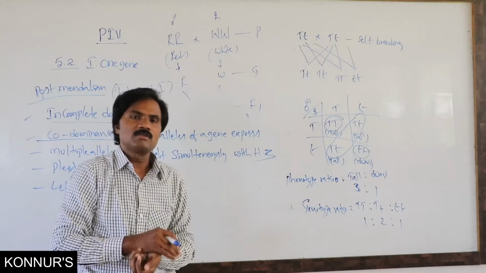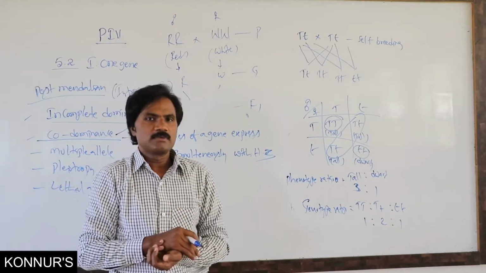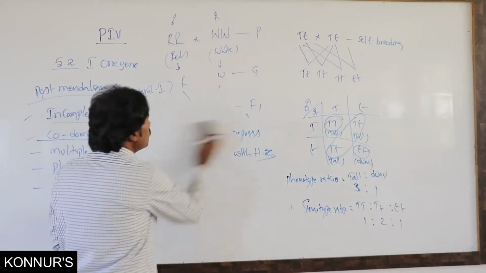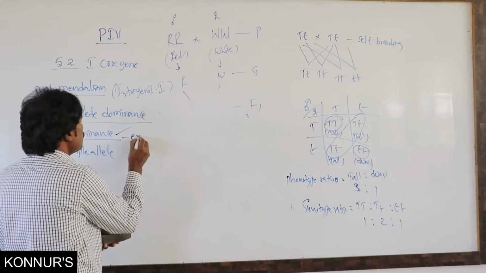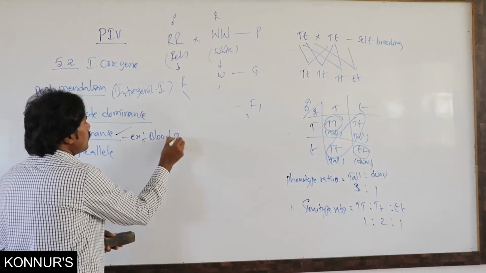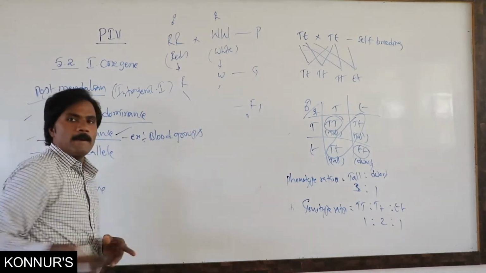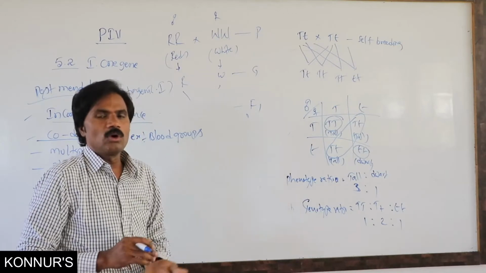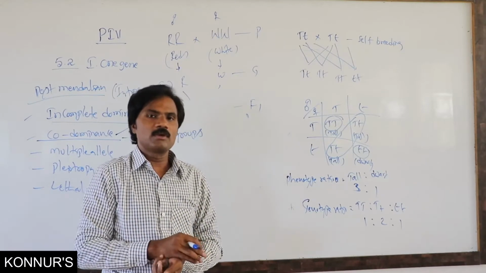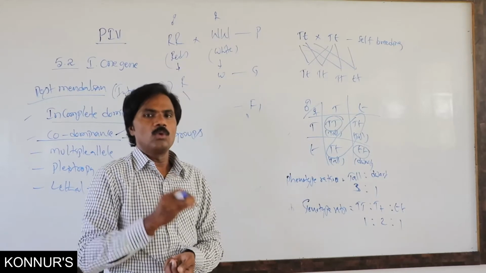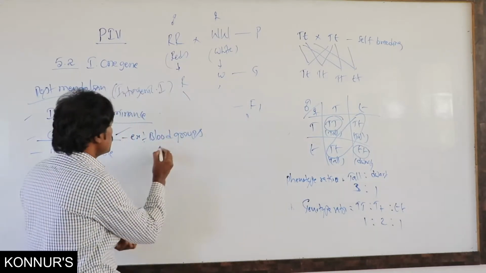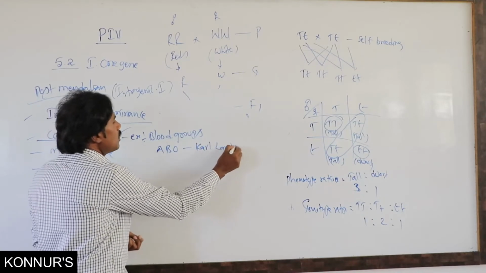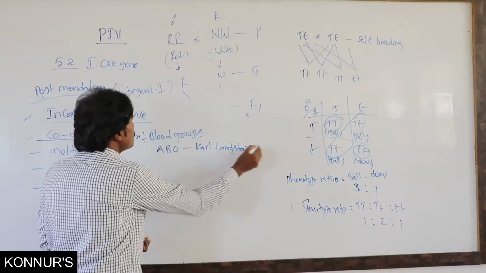In codominance, one of the best examples is blood groups. In these blood groups, you already know different types are present: A, B, O, as well as AB blood groups. Normally ABO was discovered by Karl Landsteiner.